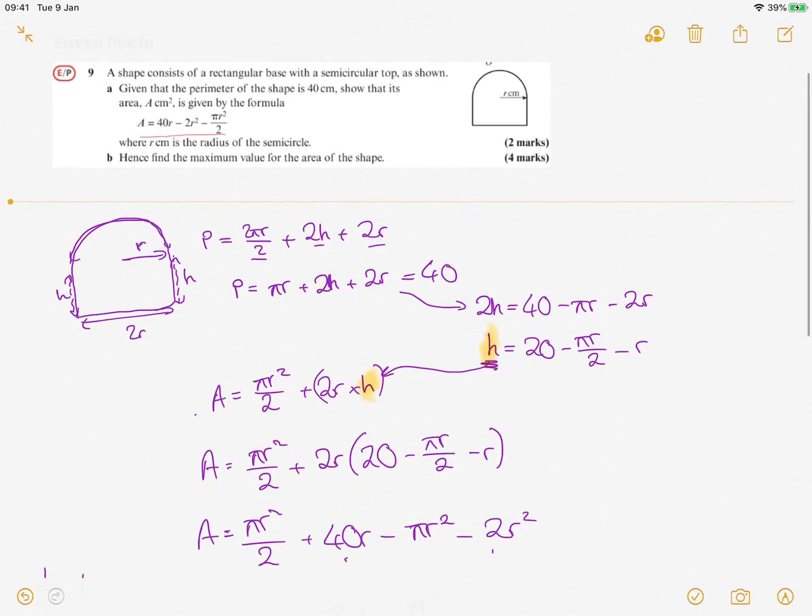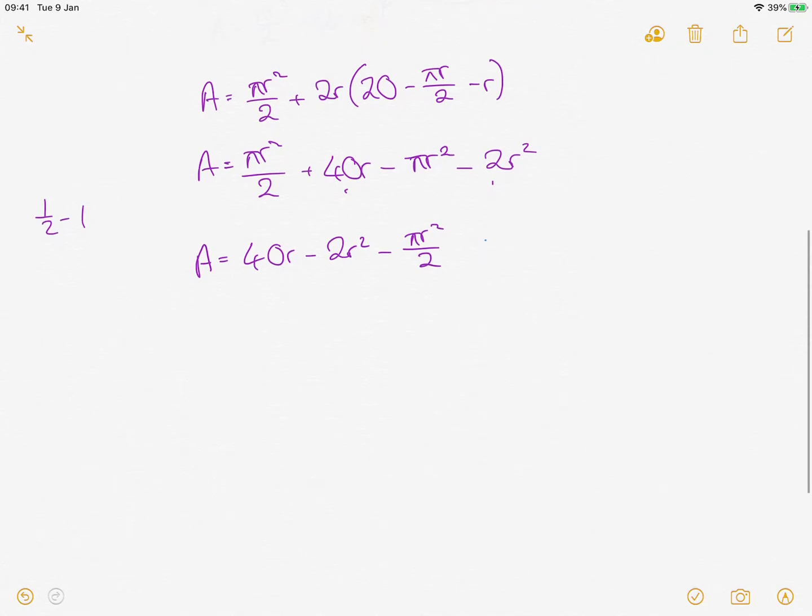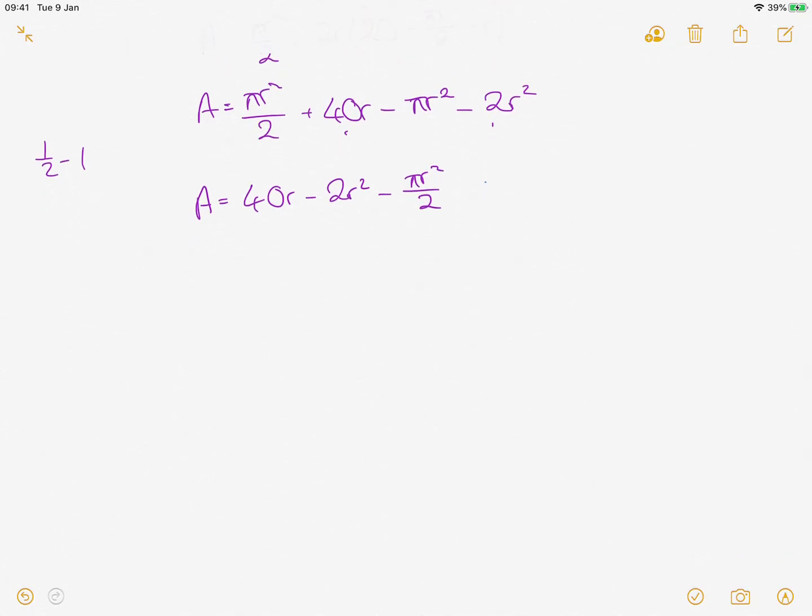Hence find the maximum value for the area of the shape. So the maximum value, remember in a graph, maximum value is going to occur where our gradient is equal to 0. So if I differentiate this with respect to r, then I can set it equal to 0, find whether it's a maximum or a minimum.